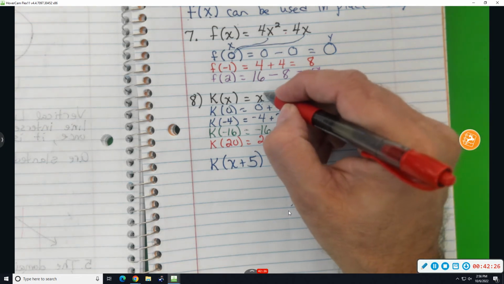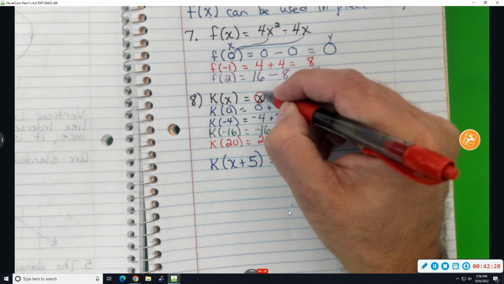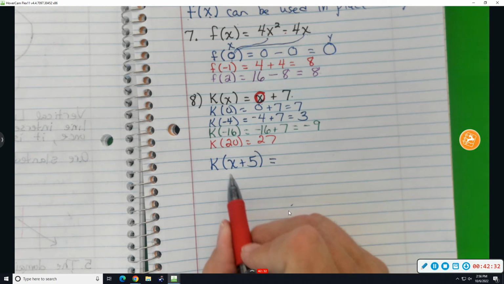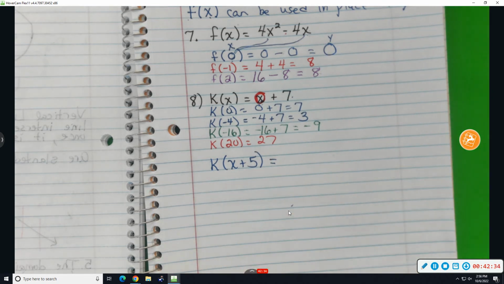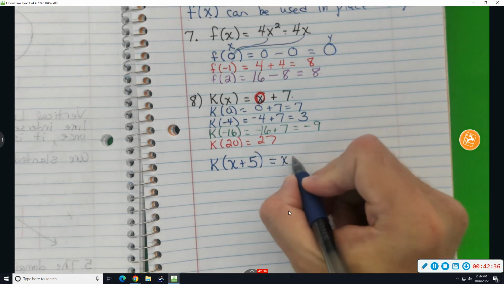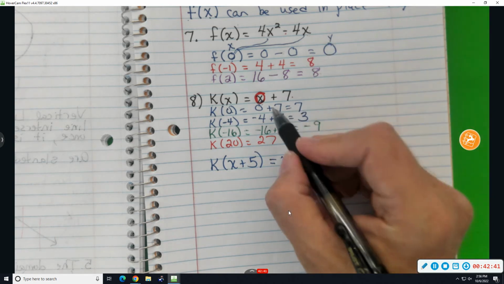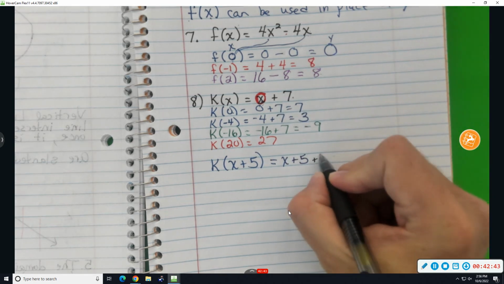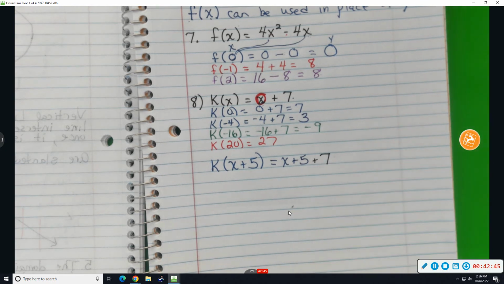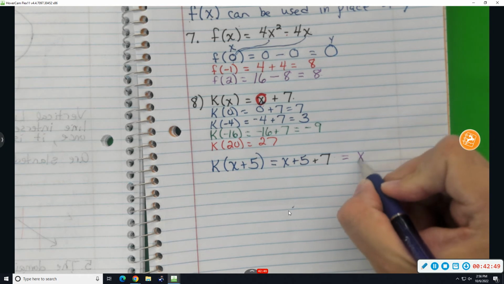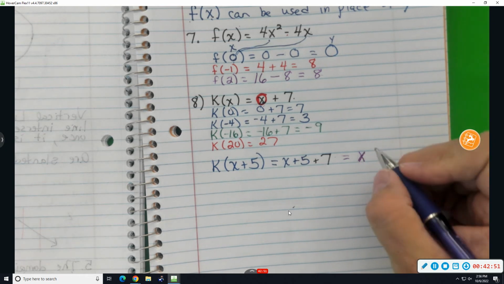So it would be x plus 12. In place of this x, I'm going to put what's in those parentheses, the x plus 5. So it would be x plus 5, but we still have that plus 7. So k of x plus 5 equals x plus 12. Do y'all agree with x plus 12?